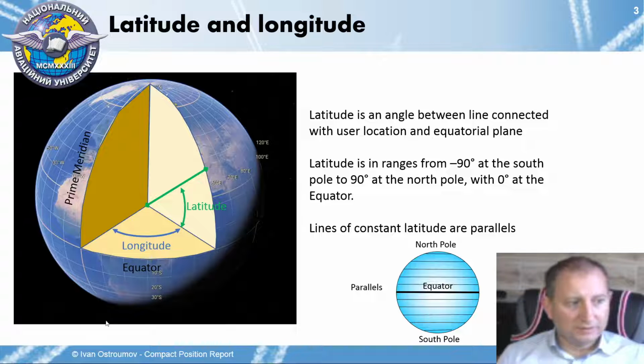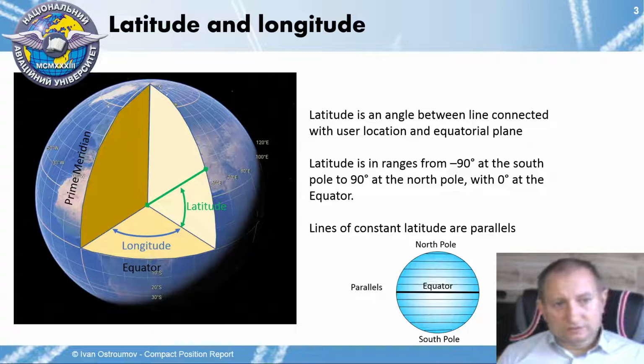Thus we have minus 90 degrees of south latitude, then going to the equator it will be less, and then we get 0 latitude, and then we have the plus side of latitude, and at the North Pole we have plus 90 degrees of north latitude. Thus, north means plus, south means minus latitude.